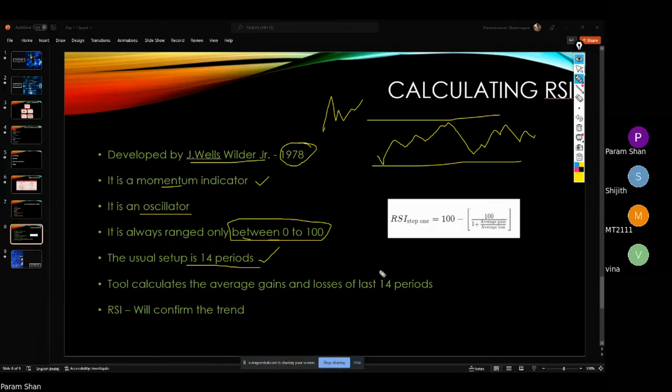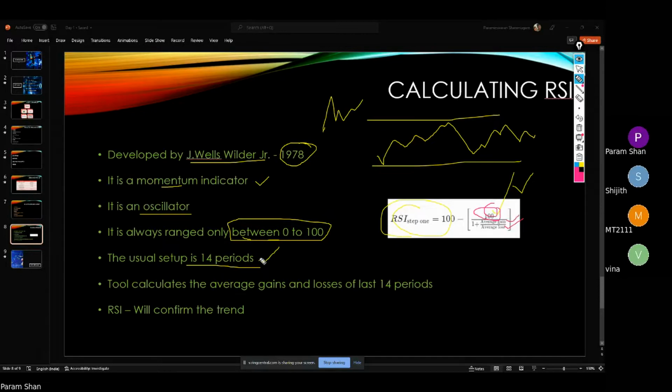When you apply the tool on the chart, the tool itself will take care of the calculation to identify the current value of the RSI. So this is the formula for RSI. Since 100 is the maximum value, we have 100 minus 100 divided by 1 plus average gains divided by average losses.